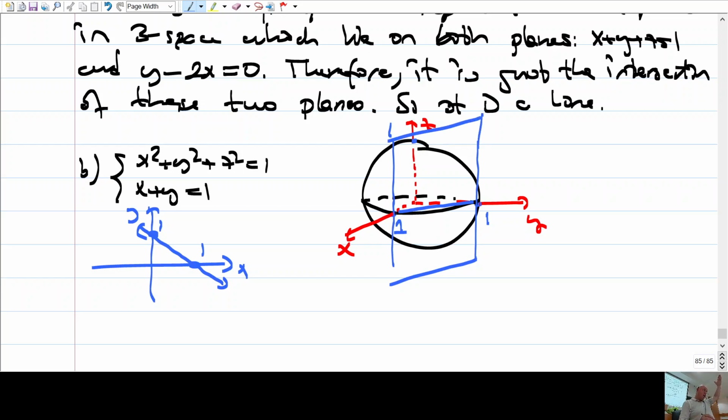When you cut this sphere with this plane, you will get a circle like this. If you cut a sphere with a plane, you always get a circle, right? So it will be a circle like this.